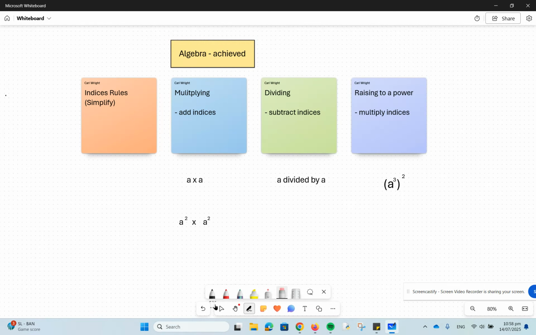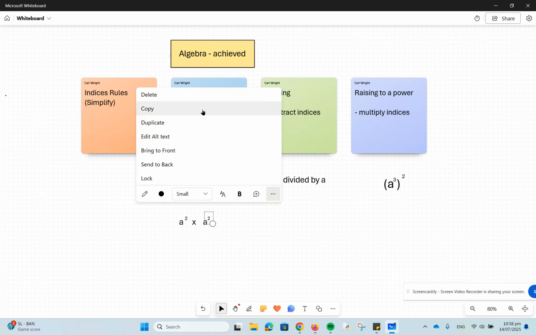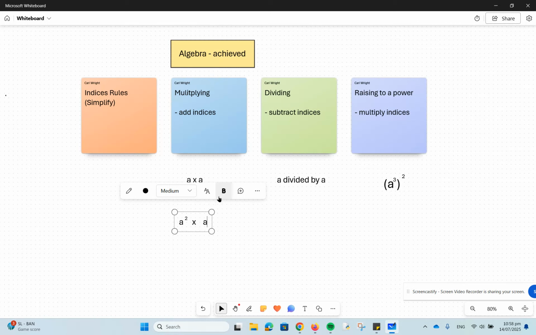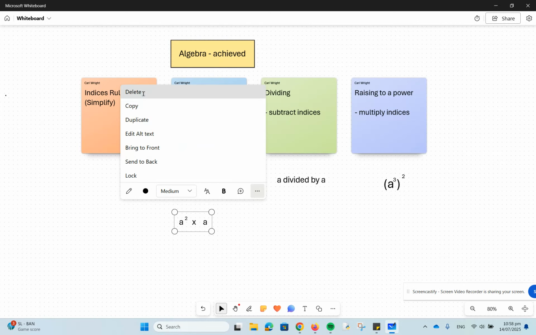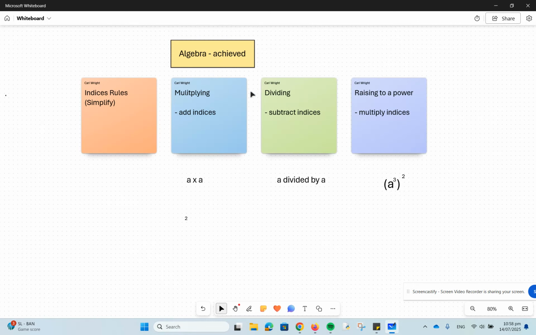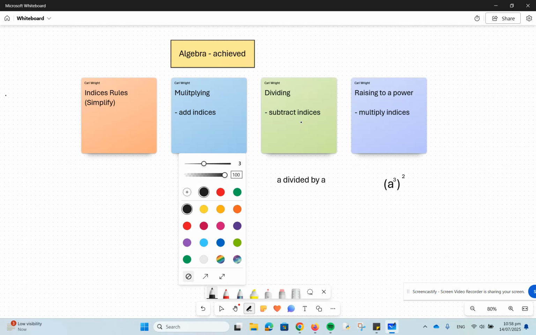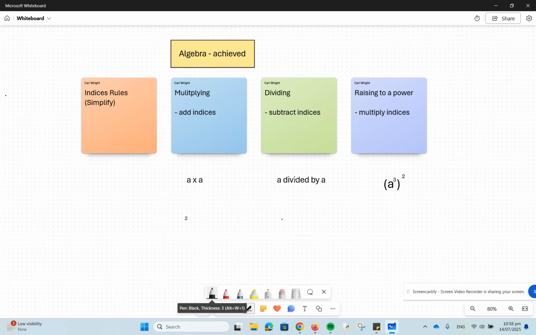All right, so next, I'll just delete. Let's delete. Just want to clear it out a bit. Okay, now this one, the second rule is when you are dividing algebra terms that have letters in them.